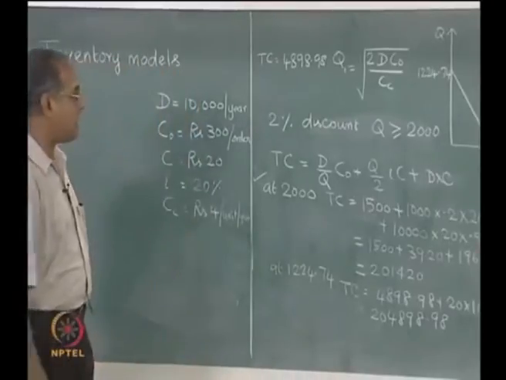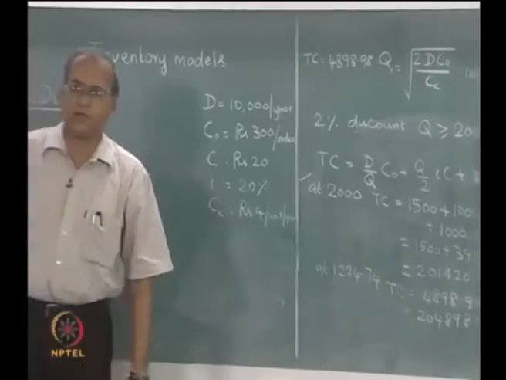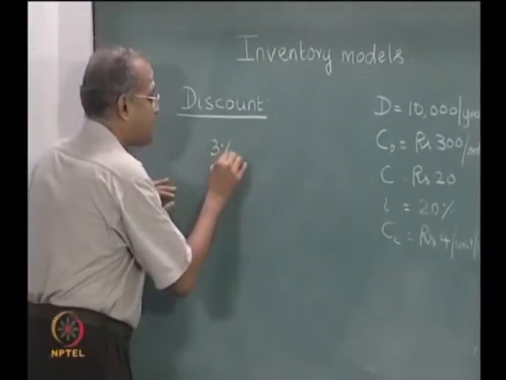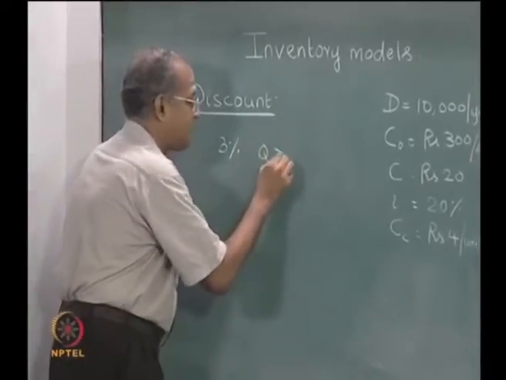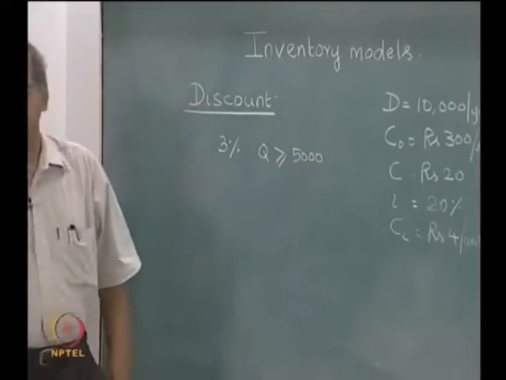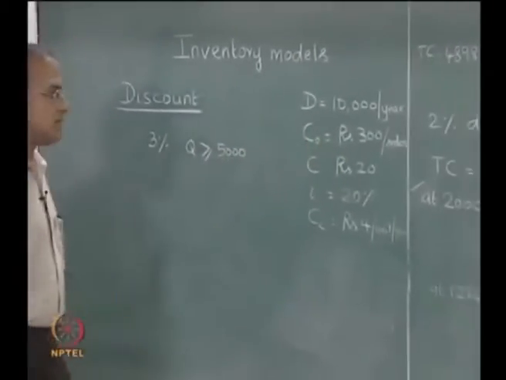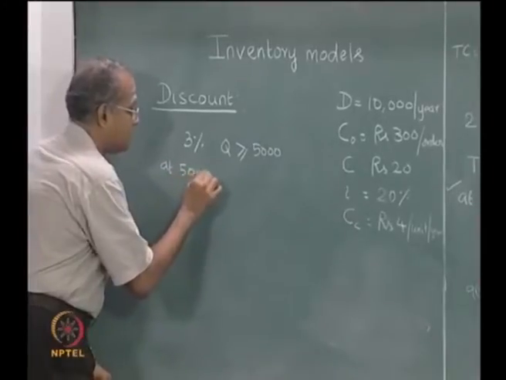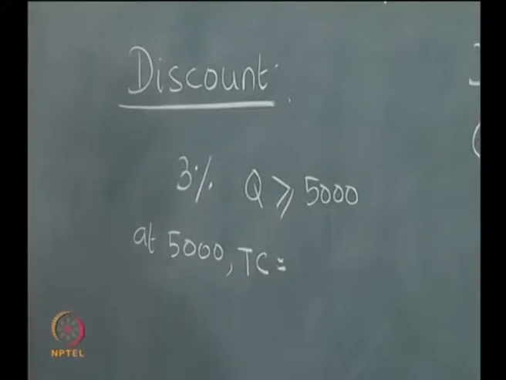Now, let us assume that the vendor is giving us another price break point, and the vendor says that he can give a 3% discount if the order quantity Q is greater than or equal to 5000. So, we have to do the same calculations. At 5000, what is the total cost? TC is equal to D by Q into C naught.